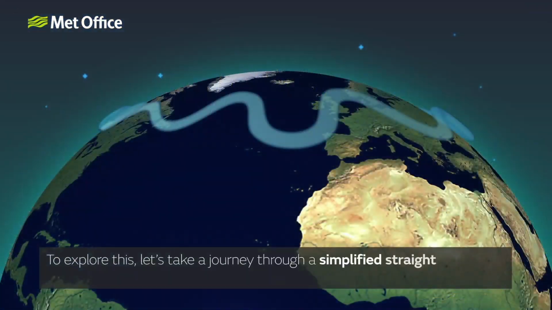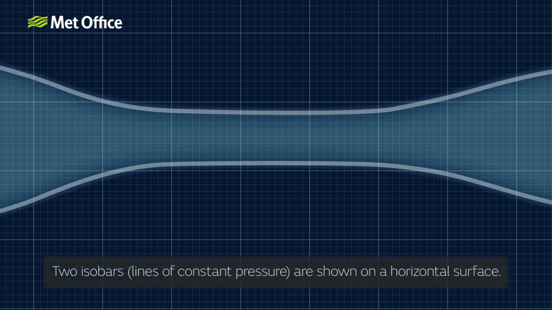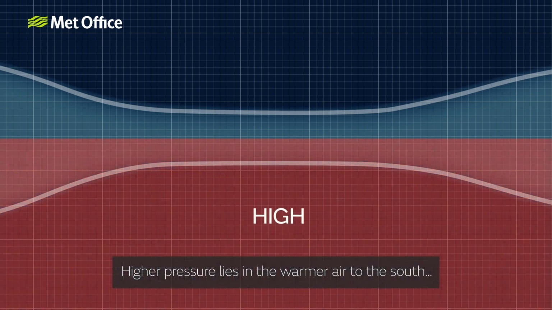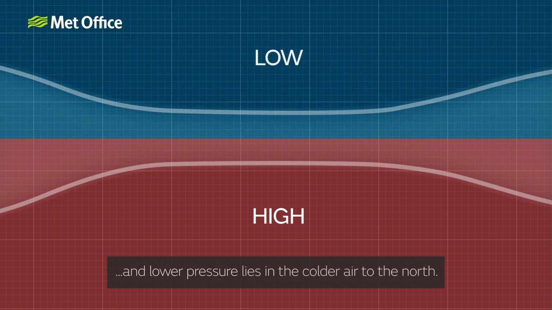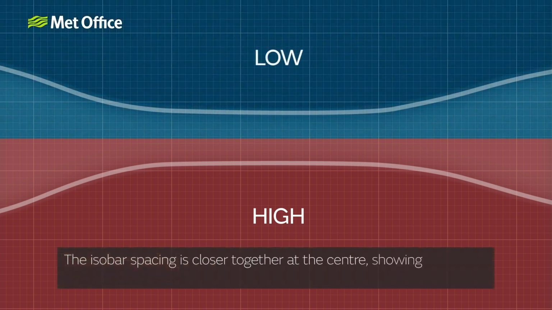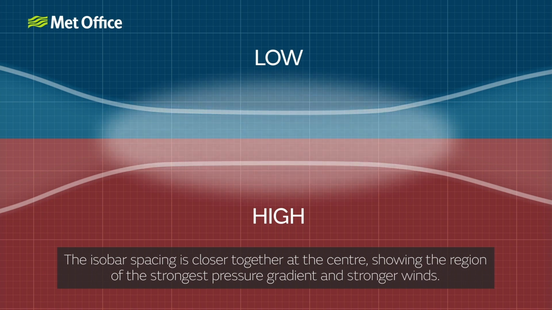To explore this, let's take a journey through a simplified jet stream in the Northern Hemisphere. Two isobars, lines of constant pressure, are shown on a horizontal surface. High pressure lies in the warmer air to the south, and lower pressure lies in the colder air to the north. The isobar spacing is closer together at the centre, showing the region of the strongest pressure gradient and stronger winds.